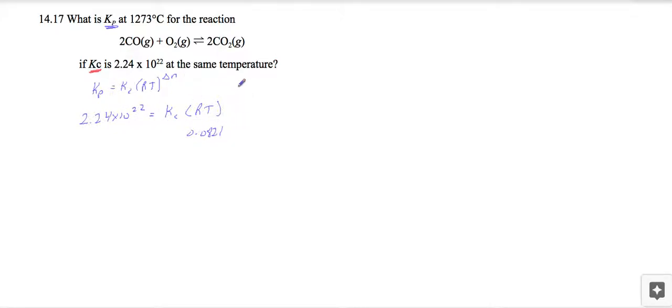And so we have temperature, which is going to be our temperature in Kelvin. So make sure that gets changed. And our change in number of moles is our 2, that's the products, 2 minus 3. So we get a -1 for a change in number of moles.